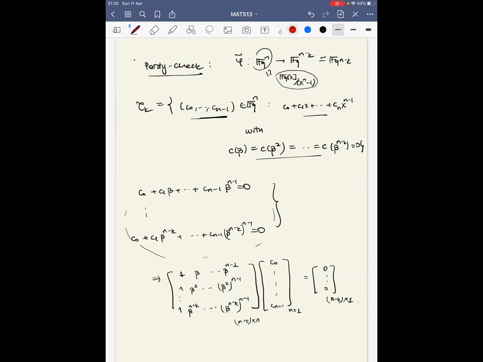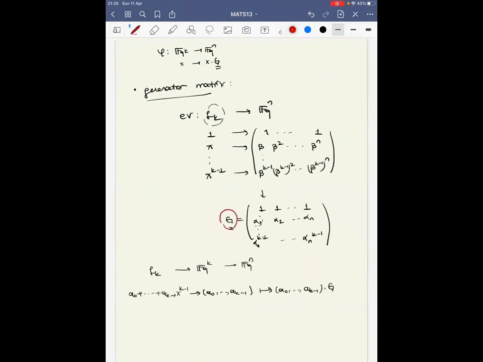And we can indeed easily check that this H is the parity-check matrix of Reed-Solomon codes with the generator matrix G we considered here.